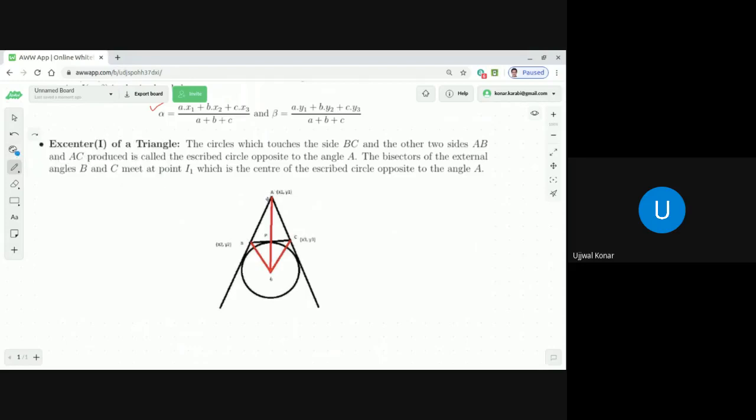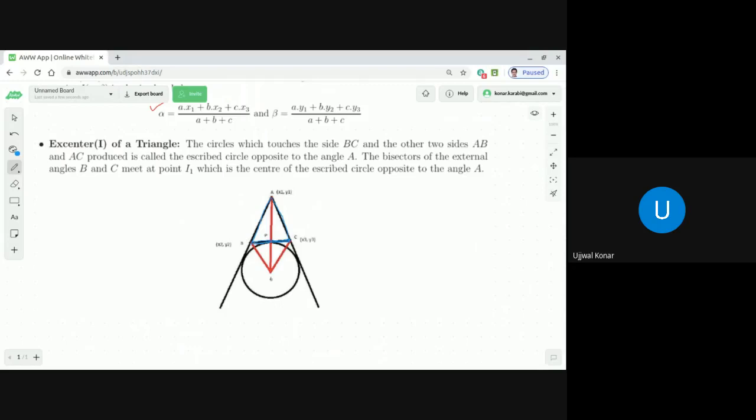ABC is the triangle. Just focus on this triangle. Now we are going to construct a circle. The circle touches the side BC. This is the BC, and the circle you see beneath it is actually touching the side BC, and also it is touching the other two sides AB and AC produced.